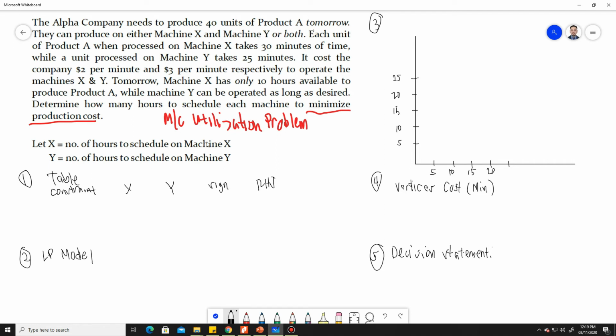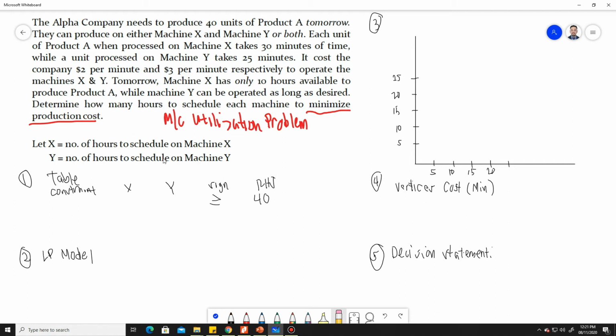So dapat makapag-produce sila ng product A. So yung product nila is product A lang, no? So makapag-produce siya ng 40 units. So ibig sabihin, pwede siyang sosobra or pwedeng 40 units mismo. So we write here greater than or equal 40 units.